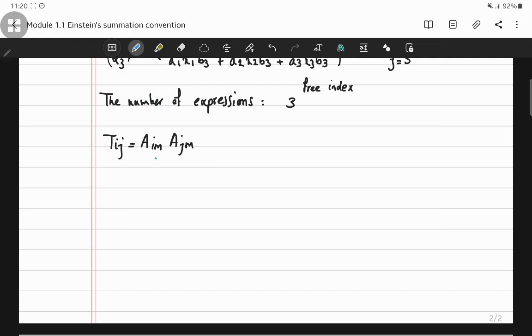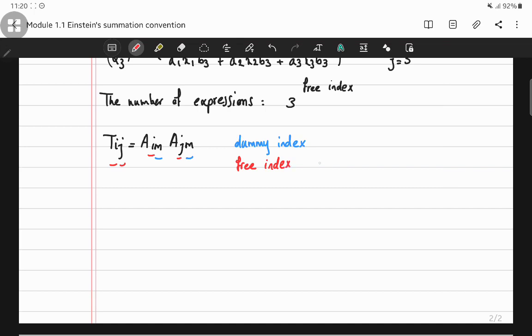The dummy index, we said, is the index that is repeated, and it is repeated here, m. We also have the free indices, i and j, because they appear only once here. So i and j are the free indices.